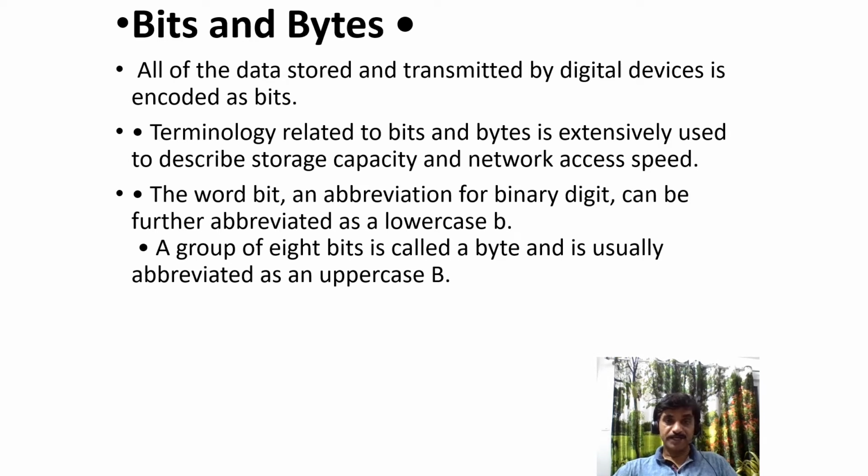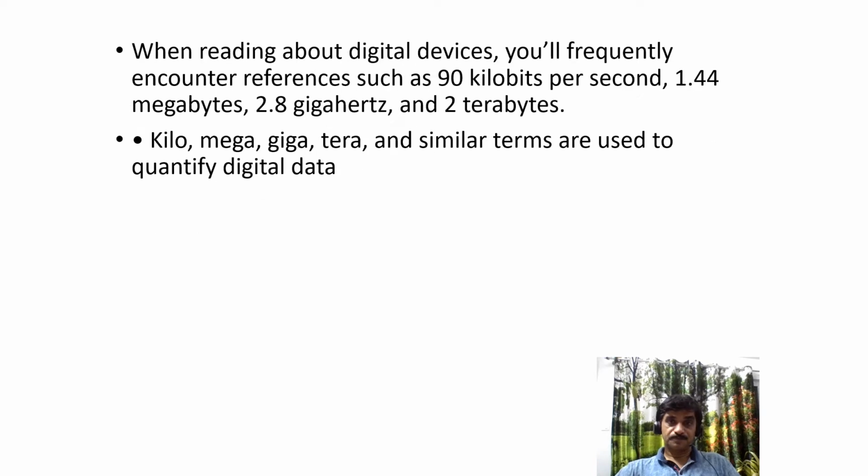A group of 8 bits is called a byte and is usually abbreviated as an uppercase B. So if we write uppercase B, we are talking about bytes. If a small b is written, we are talking about bits.